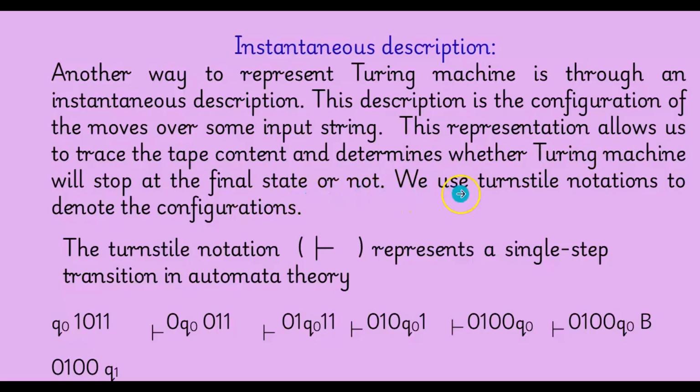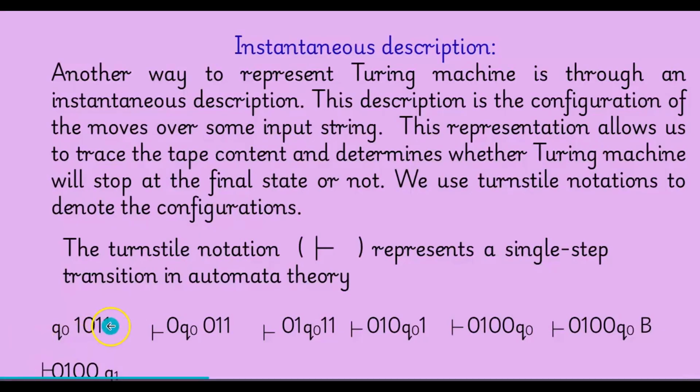We use turnstile notations to denote the configuration. The turnstile notation, that is this symbol, represents a single step transition in automata theory. That means we take the particular input and we trace the moves for the particular sample in the Turing machine and whether it ends in the final state or not.